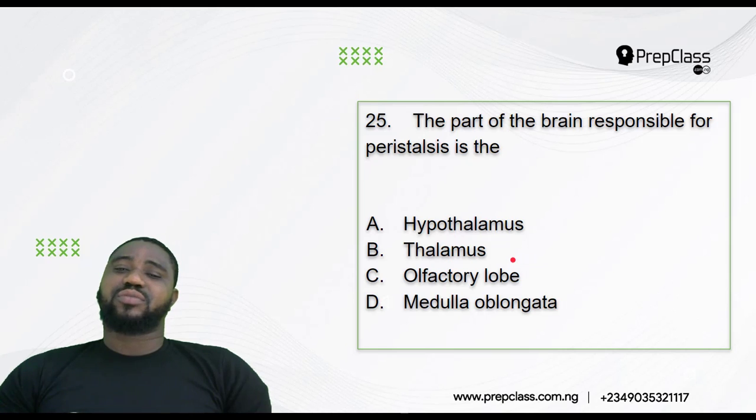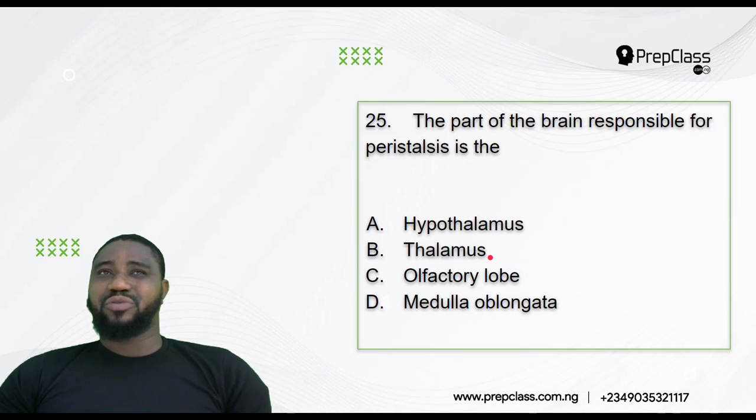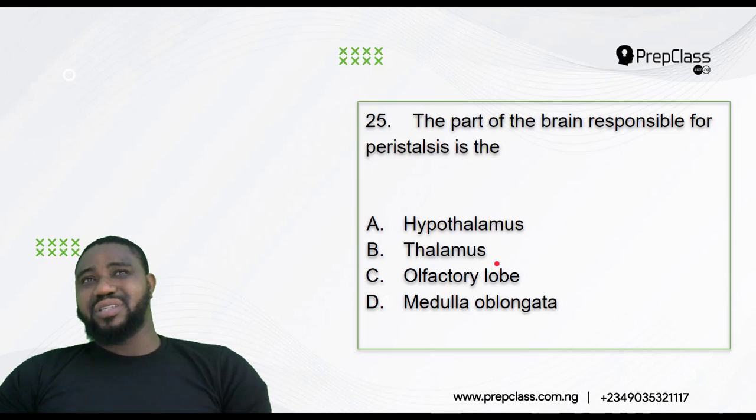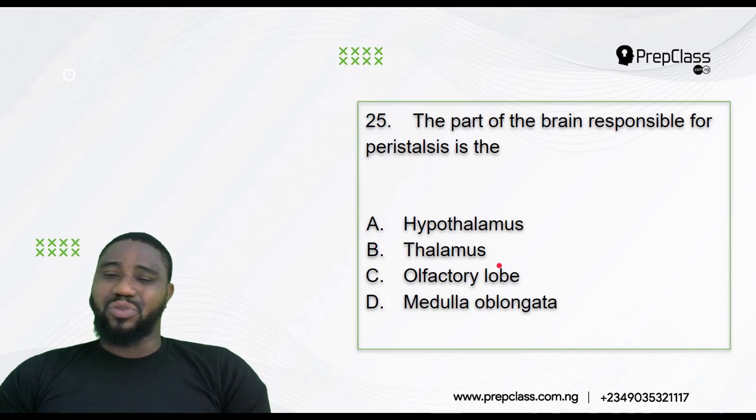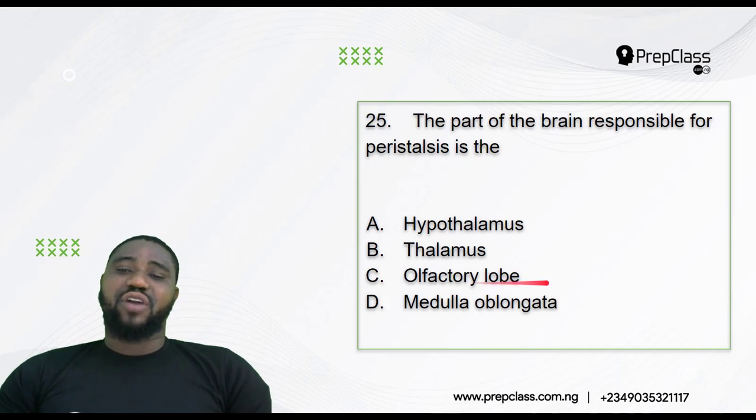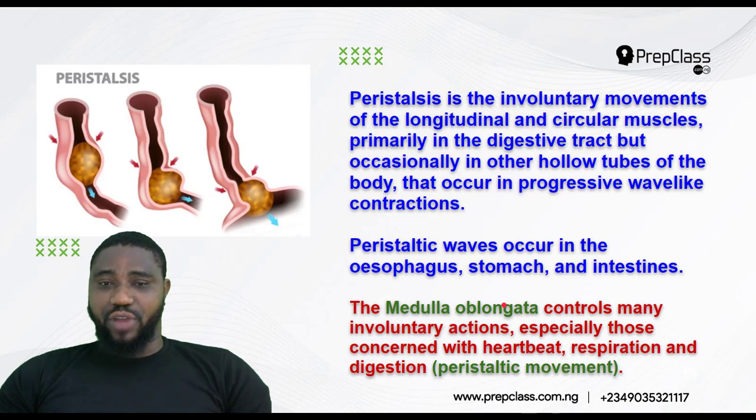The thalamus has a kind of linkage between nerves, responsible for sending impulses from the nervous channel to the sensory system, then from the motor back. The olfactory lobe is responsible for smell. Then the medulla oblongata is responsible for involuntary actions.